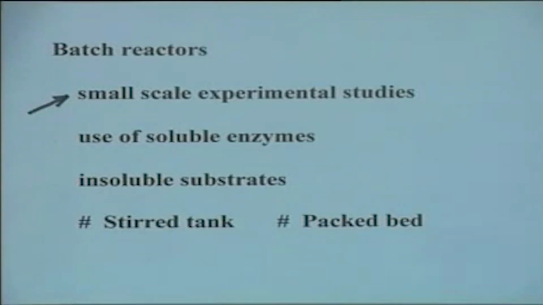In a continuous reactor, the use of insoluble substrate, particularly with immobilized enzyme preparations, is not feasible, particularly for reactions carried out by solid contact, which is difficult. For most enzyme-catalyzed reactions involving insoluble substrates, batch reactor systems are ideally suited.